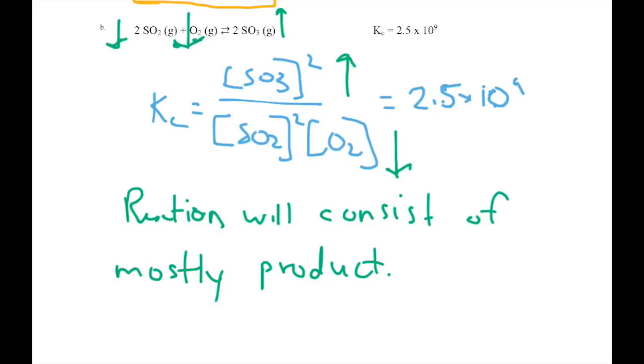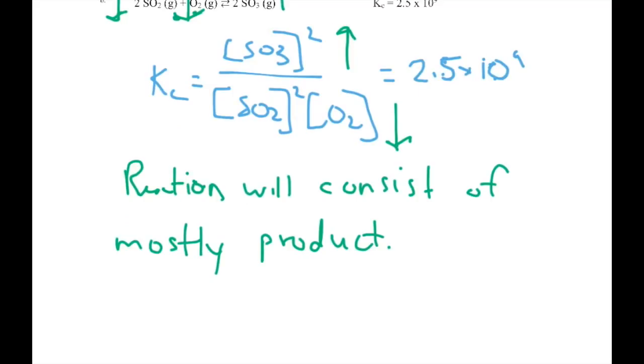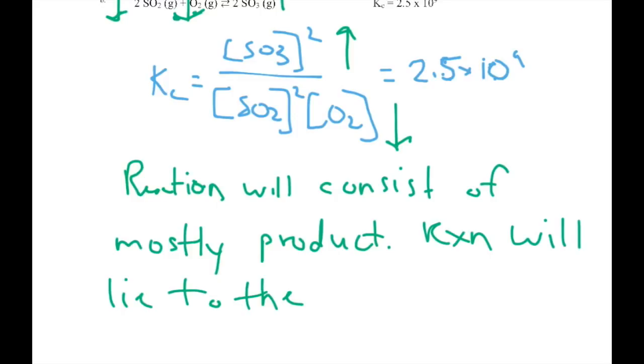Because again, our fraction needs to be very large, our Kc is very large. So therefore, in our fraction, we note that the numerator must be large, the denominator must be small, therefore the reaction will lie to the right.